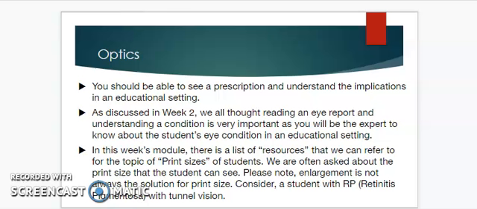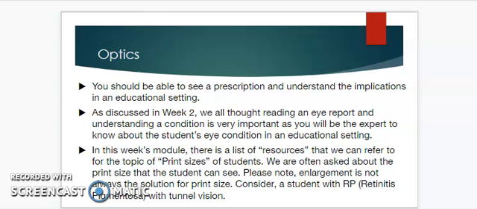Please note that enlargement is not always a solution for print size. For example, a student with RP or tunnel vision, tunnel vision is like just seeing through a tunnel, so you don't see the field. If you magnify, there will be fewer words in the student's visual field, so that is not a solution. Optics is not always the solution.